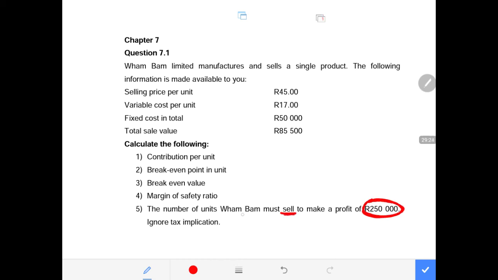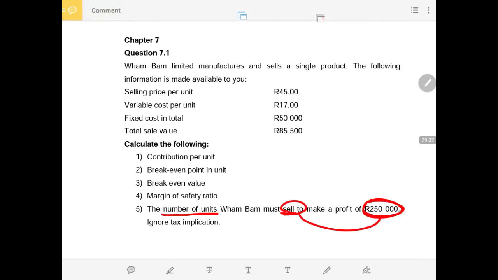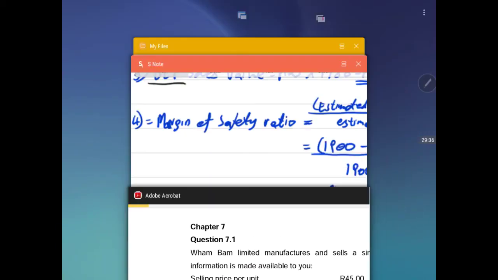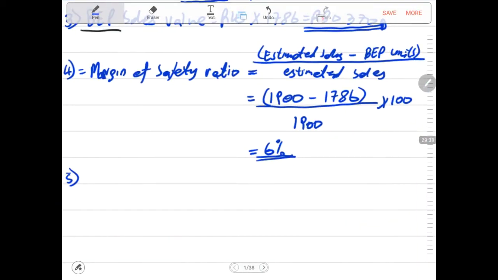I want to know the number of units that must be sold in order for me to get to my target profit, or to my target return on the investment. So this is another very powerful one from the investment perspective, or from an entrepreneur perspective, or from the business owner perspective.